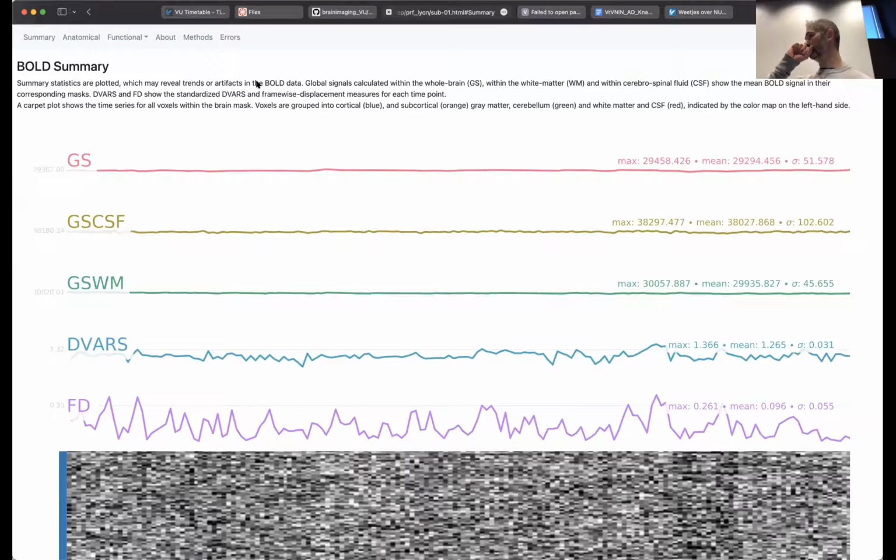Now, the first thing that you would want to do is check, is there anything weird happening with the data at all? Sometimes there can be an electrical contact in the scanner that's loose or just jumps loose and then reconnects. There's really weird things that can happen with static electricity and things like that, which means that, for example, the values inside the functional image will just spike all of a sudden, right?